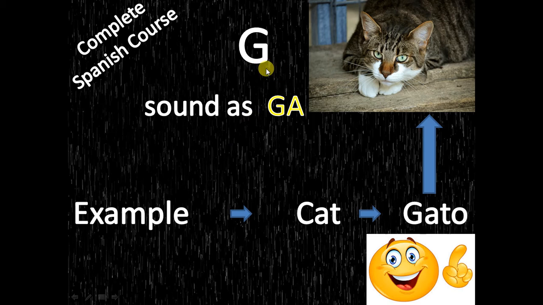Letter G sounds as ga. Cat. We call it cat in English, but in Spanish we say gato. So this GA sound will be ga. So how will you pronounce this? You will say gato. Gato means cat.